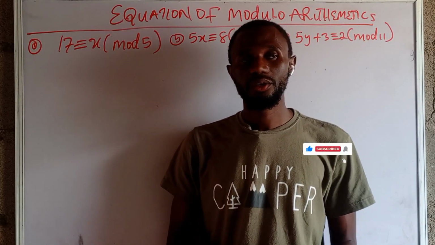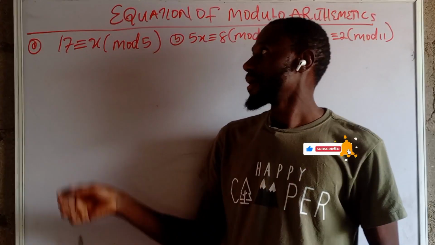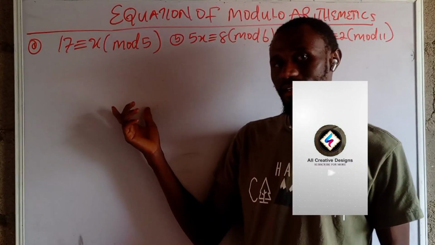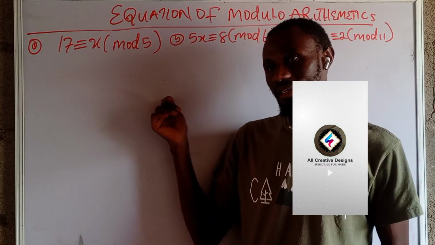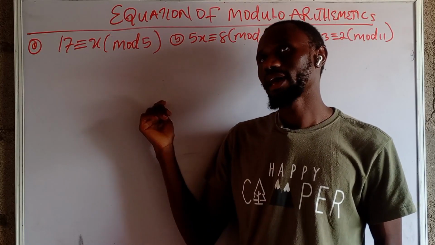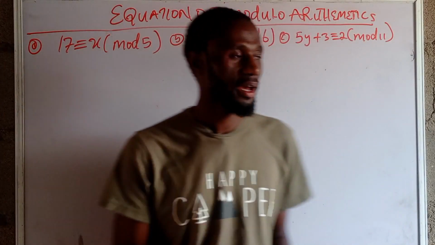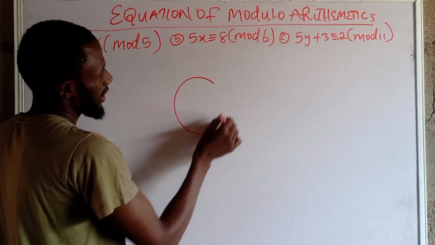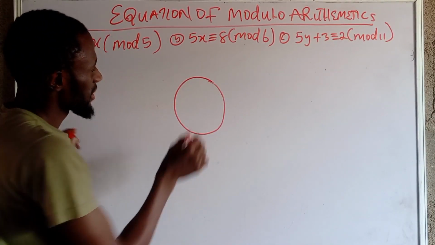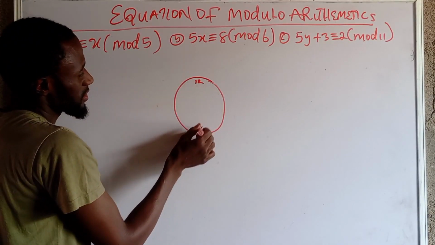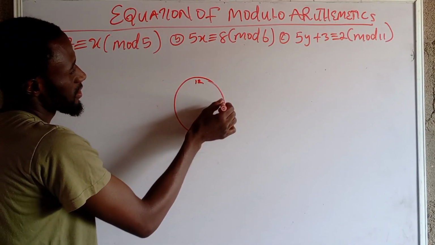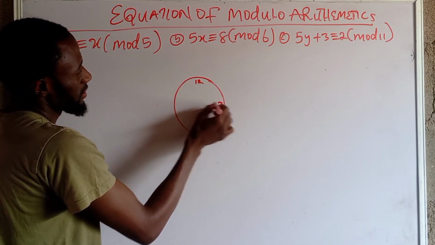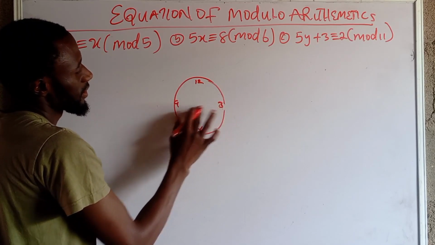Or you can say a repetitive event, like a market day that is held every 7 days. Assuming you have the hands of a clock like this: this is 12, this is 6, this is 9, this is 3.